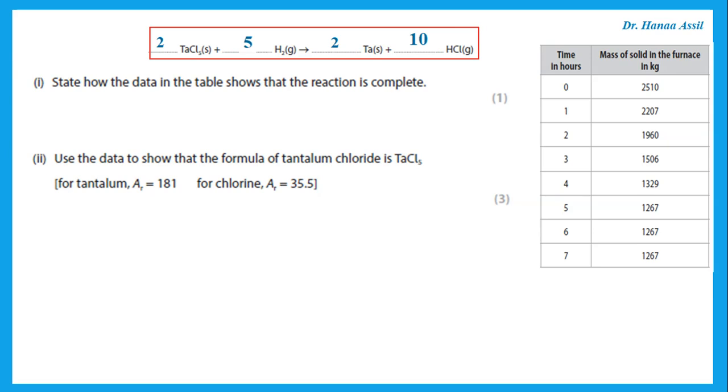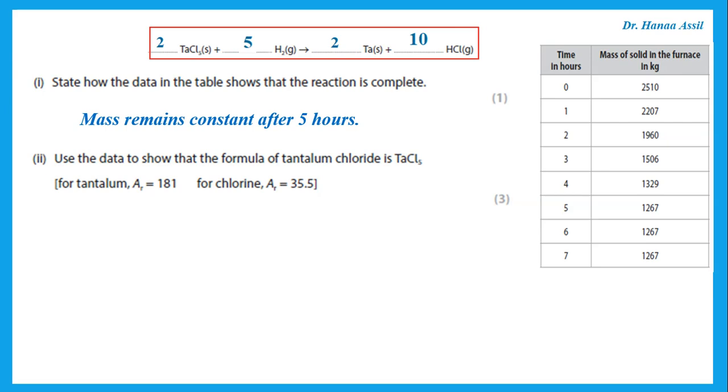It is changing into tantalum, which is a solid, plus HCl gas. So the gas is coming out and the mass is decreasing as the reaction proceeds until at some point the mass remains constant. So after 5 hours, no more decrease in the mass, and that means the reaction is complete.